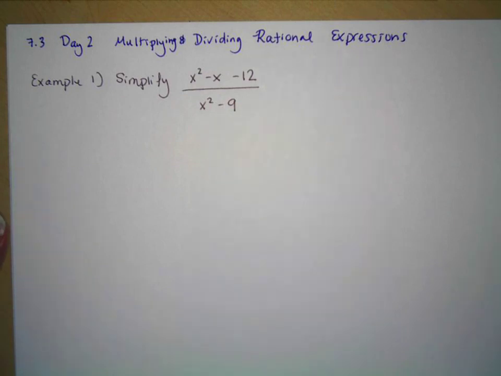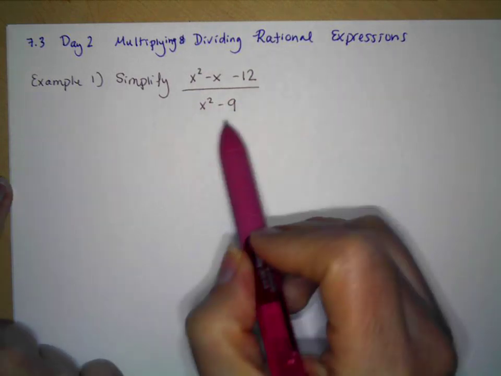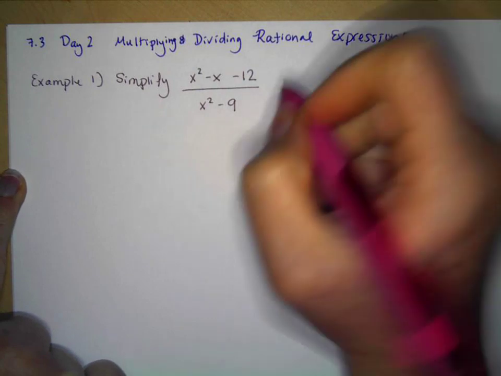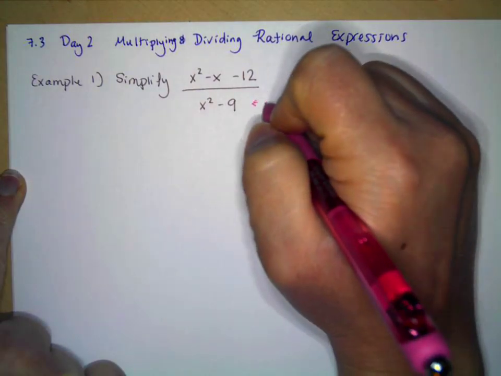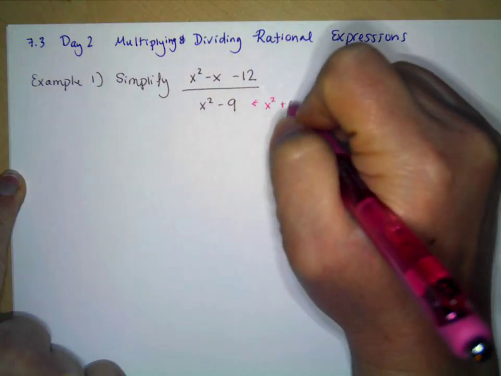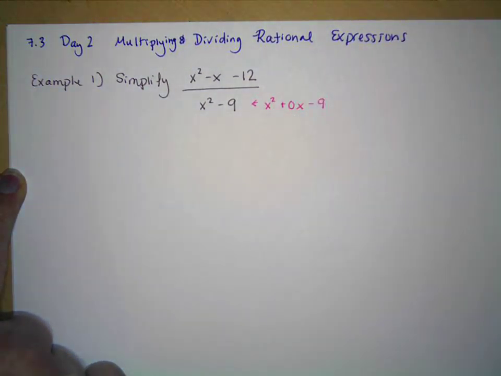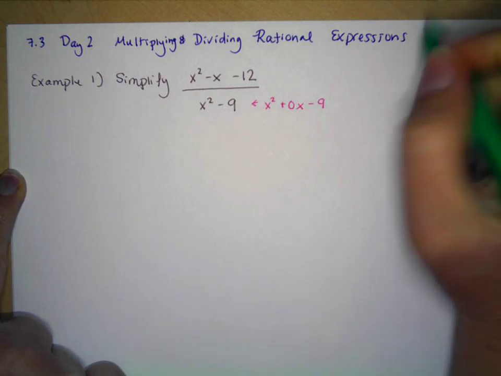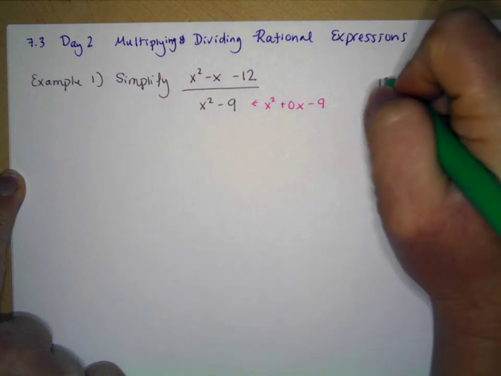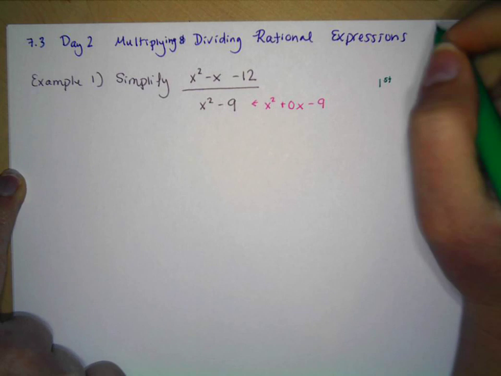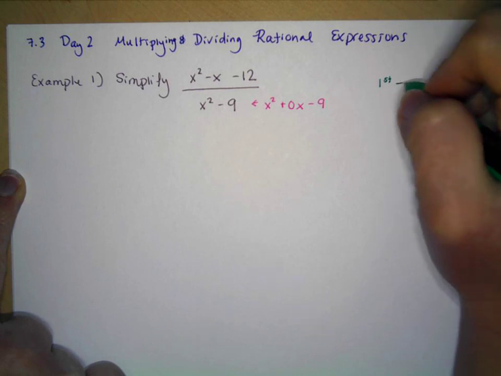Notice that when we have x squared minus 9, this is the same thing as having x squared plus 0x minus 9. And that's going to be really critical for helping us because our first step is to factor both the numerator and denominator, the top and the bottom.